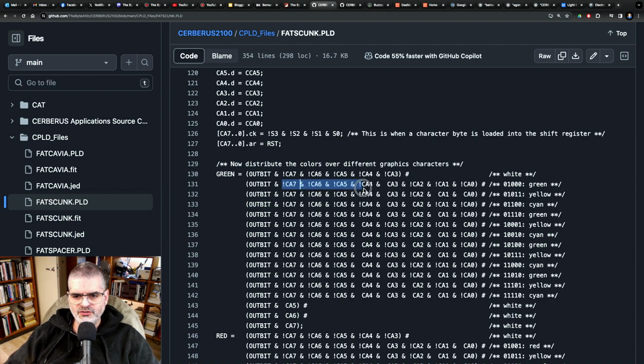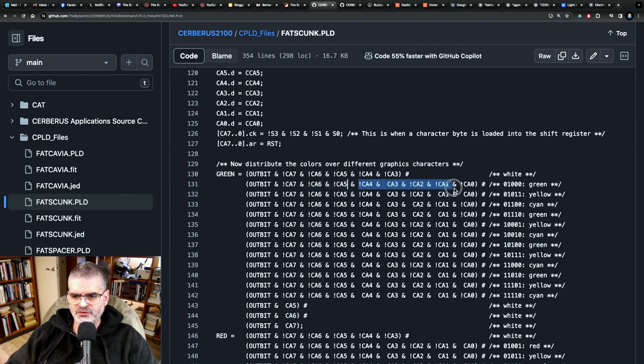And the combinations here, all these ANDs and negations, they correspond to a particular character code in our character set. And I decoded here. CA7, 6, and 5, they should always be 0 because the higher character codes are all black and white. So these should always be 0.